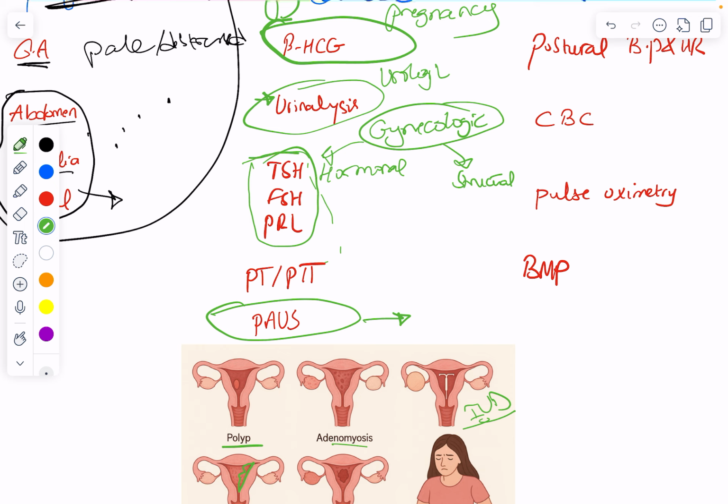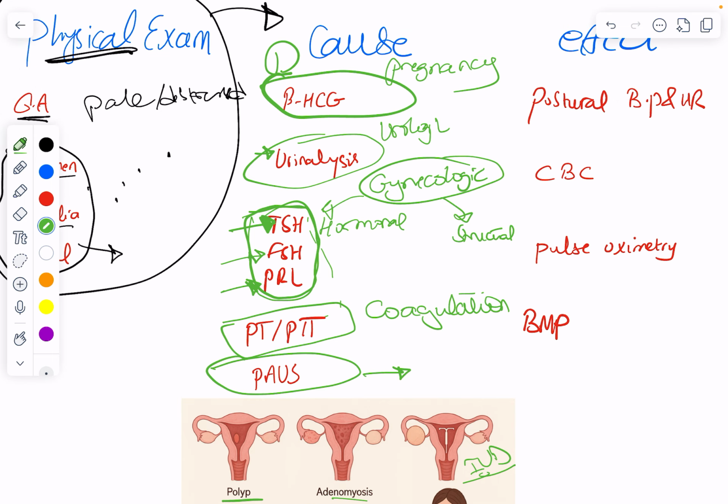So here you want to do a hormonal profile for ovulatory disorders. So you're going to do a TSH, thyroid issues, FSH, and prolactin. Okay, and now to the systemic causes, which can cause bleeding anywhere in the body, including the uterus, and that would be coagulation disorders. This way, we're looking for the cause, extensively looking for the cause.